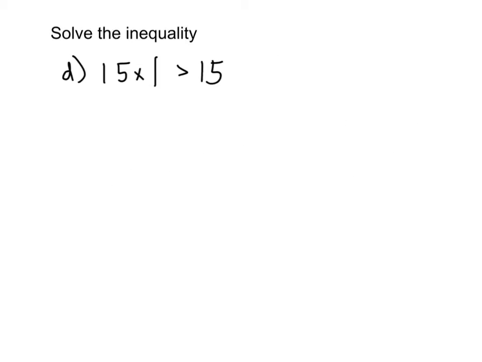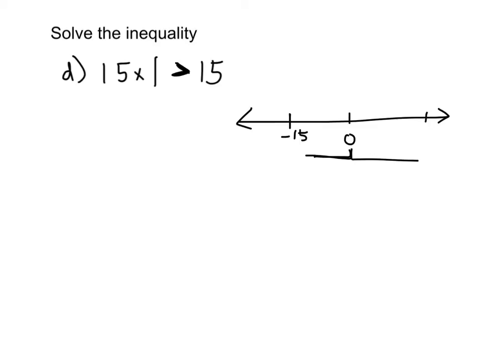Alright, moving on to another example. So in this one, it's different in that we are greater than now. Okay, so we have to think about this a little differently. So the distance that we travel from 0 must be greater than 15, right? So if here's -15, and here's +15, I must travel further than that.